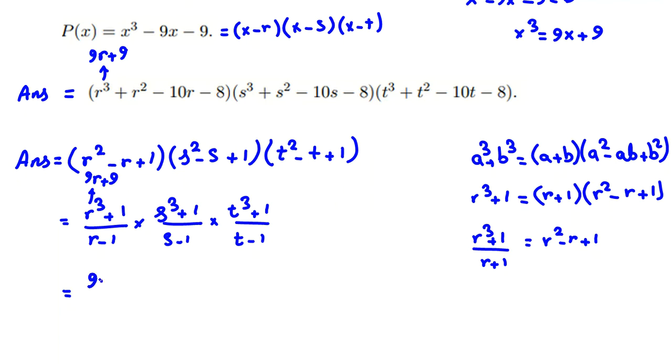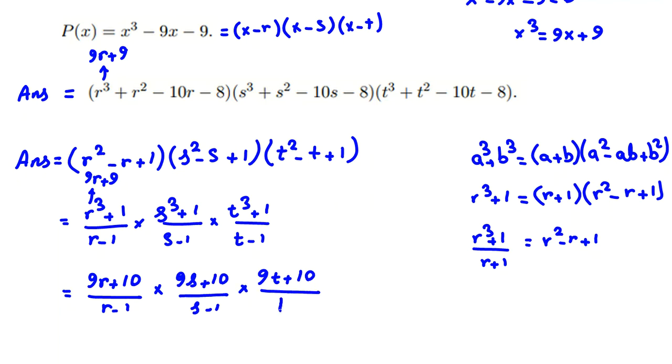So we can write it as 9r plus 10 over r plus 1 times, similarly, 9s plus 10 over s plus 1, and the last one, 9t plus 10 over t plus 1.